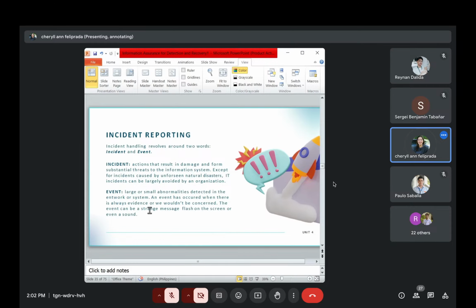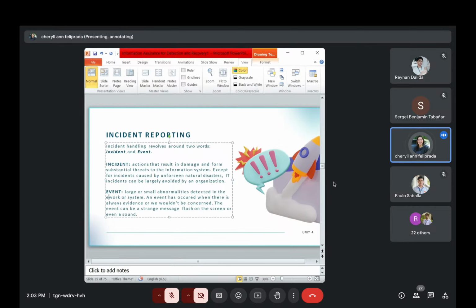An event has occurred when there is evidence, and we would be concerned. The event can be a strange message flashing on the screen, or even a sound. Both of these terms, even if small, are still worth reporting. If you see anything unusual in your network, you have to report it right away.